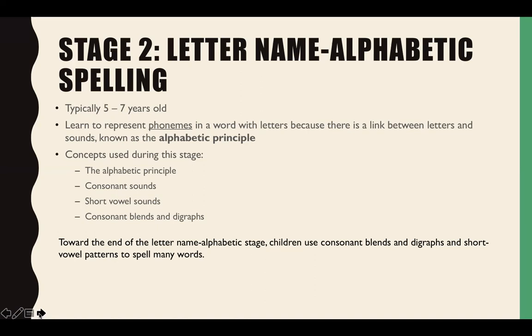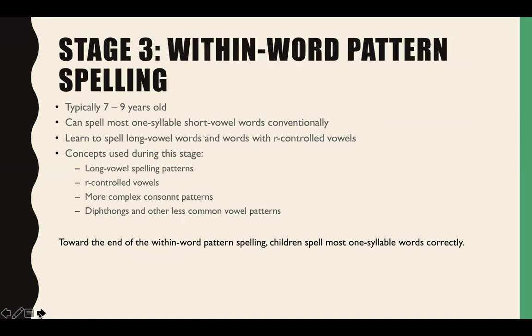In stage 3, within word pattern spelling, typically the 7 to 9-year-old can spell most one-syllable short vowel words conventionally. They learn to spell long vowel words and words with R-controlled vowels.